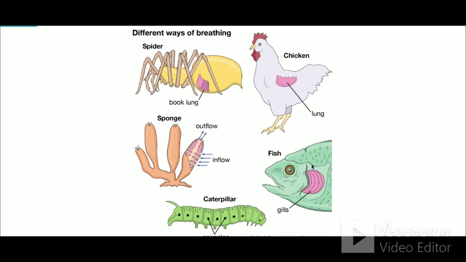That oxygen is utilized by the fish. A caterpillar has spiracles, and the sponge has inflow and outflow, meaning water flows through the sponge and goes out from this part. While this process takes place, oxygen is absorbed by the sponge.